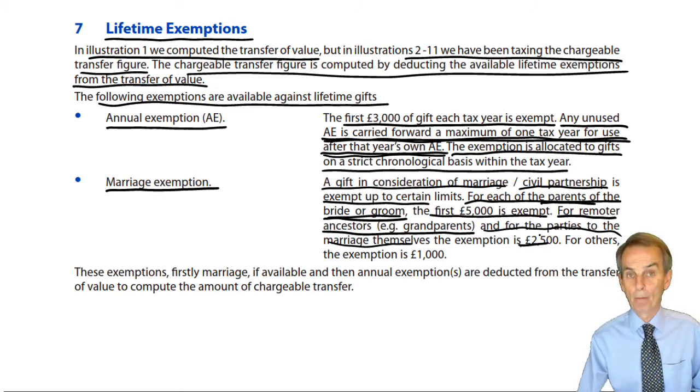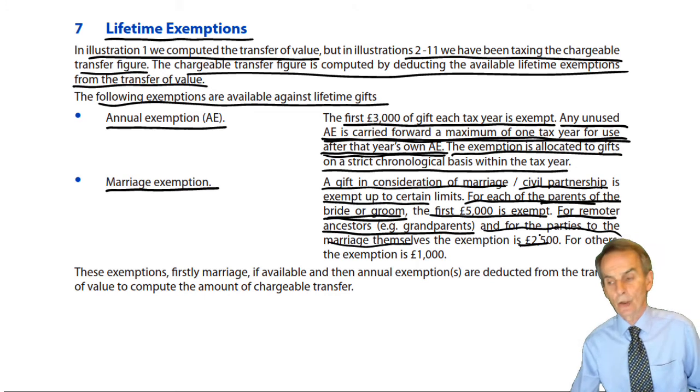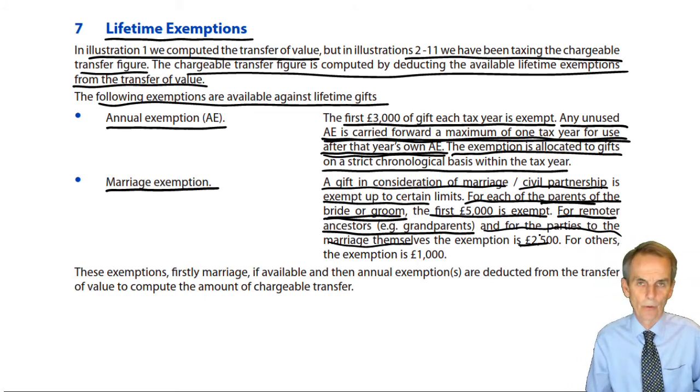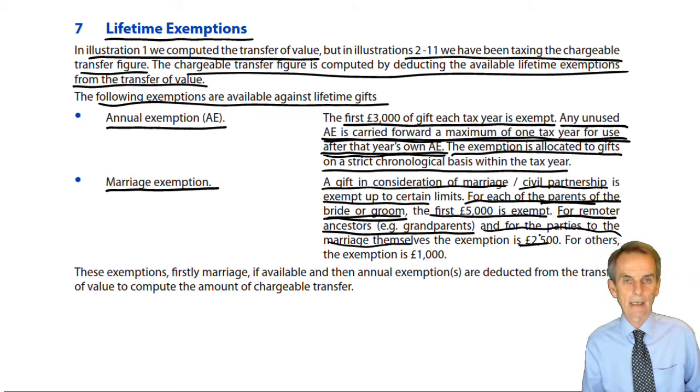Clearly, if they go above the marriage exemption, do they then still have available for this tax year either the annual exemption or any amount brought forward from the previous year? But these marriage exemptions take priority, and the amount available depends on the relationship of the donor to the donee, the person whose marriage or civil partnership it is.